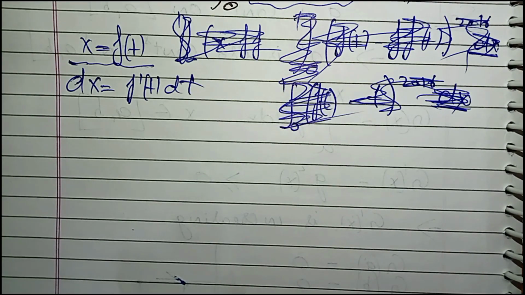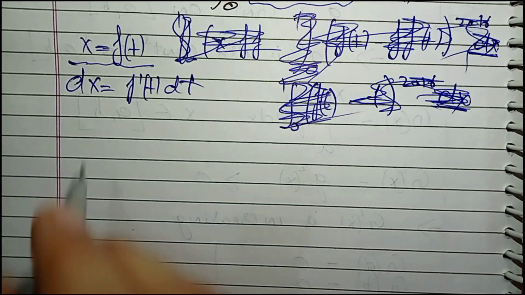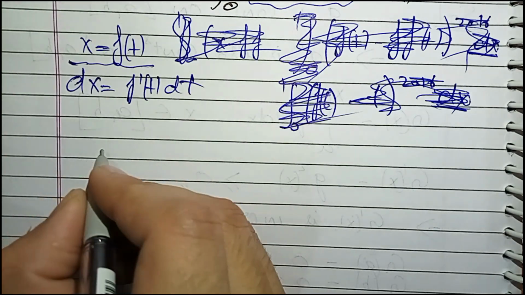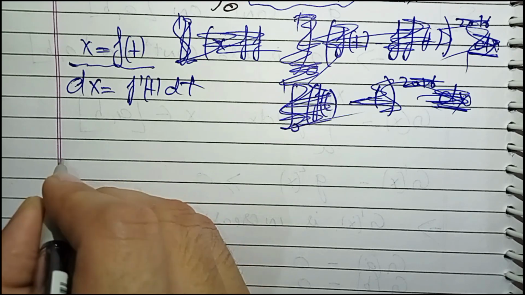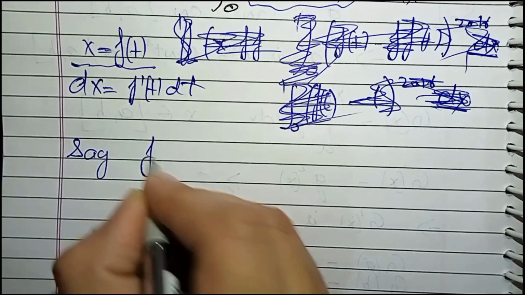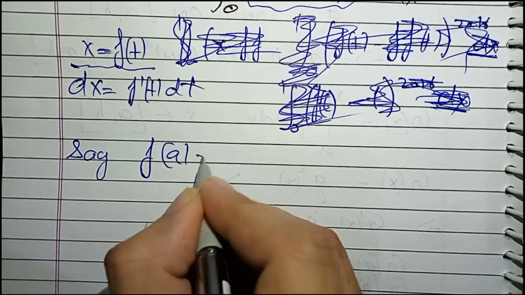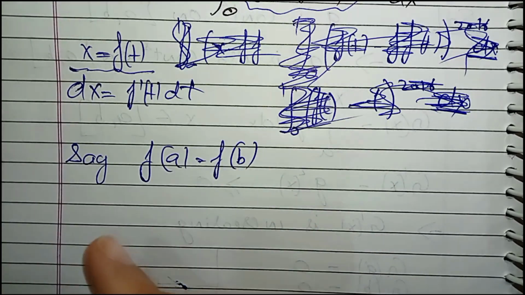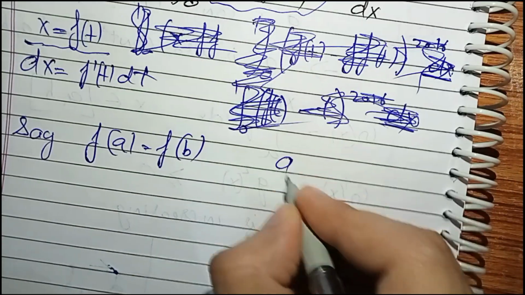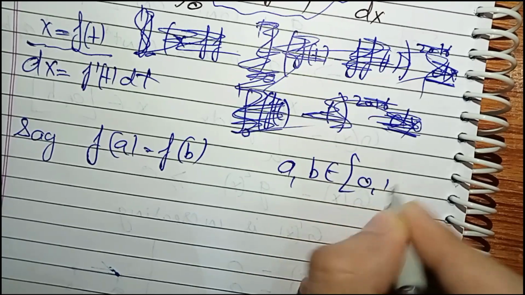Okay, if we can show my function is 1-1, I am through. I have proved that my function is monotone. So let's try to show my function is 1-1. So say f of a is equal to f of b, then I apply f. Of course a, b belong to this interval.